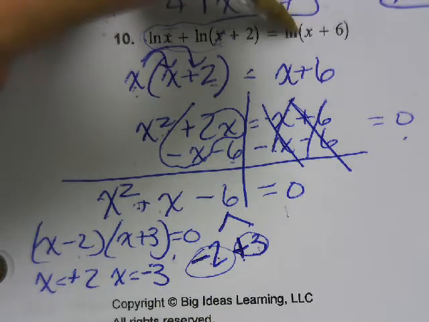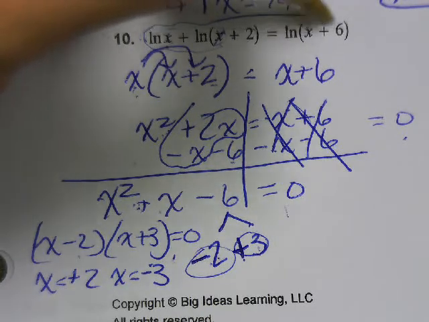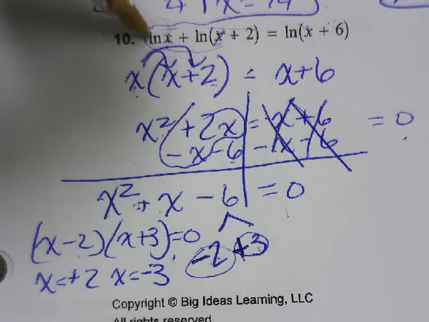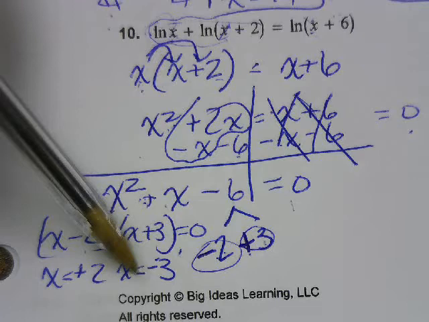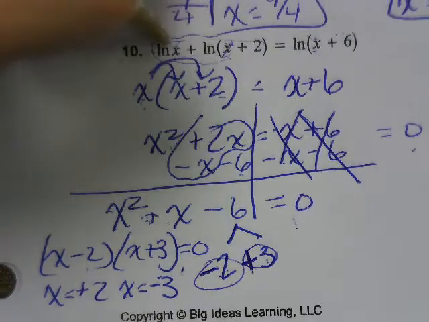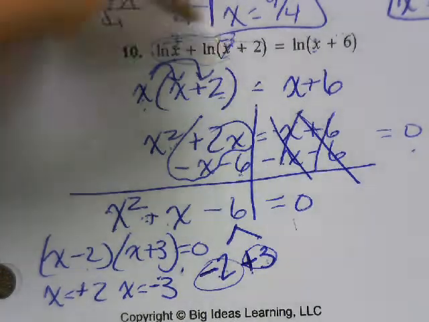That works. Now let's put in a negative 3. Negative 3 goes in over here and over here. Negative 3 plus 2 is negative 1. Negative 1 times negative 3 is positive 3.